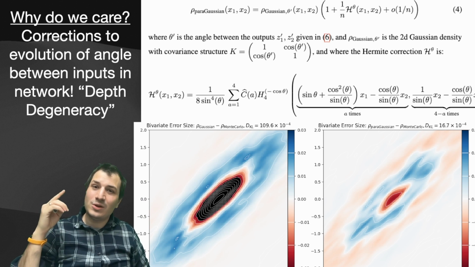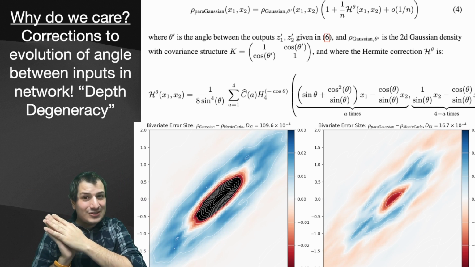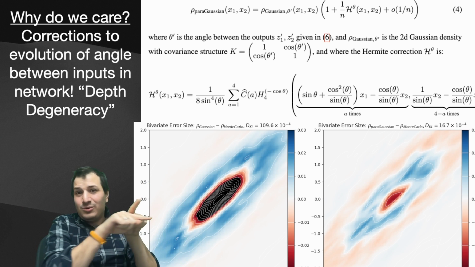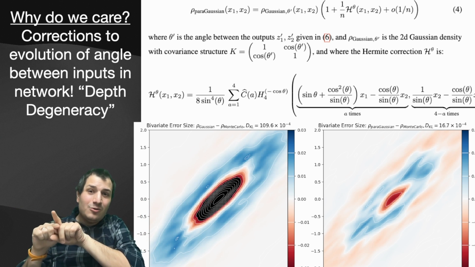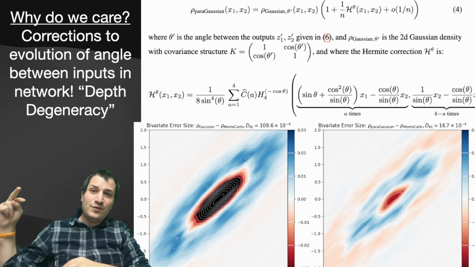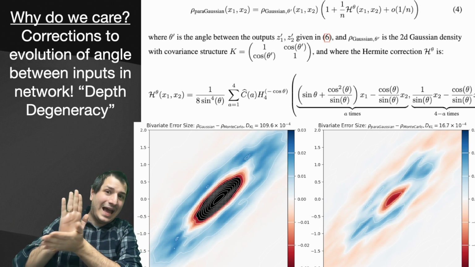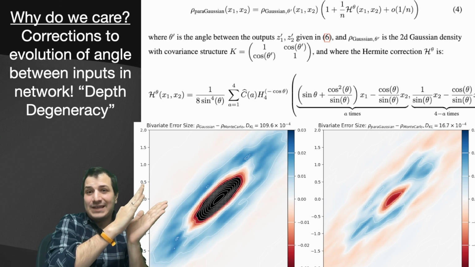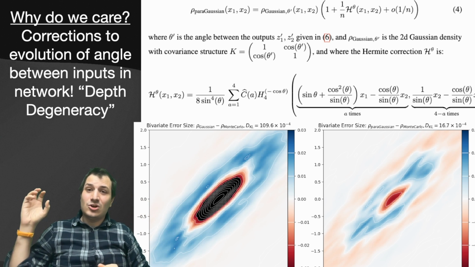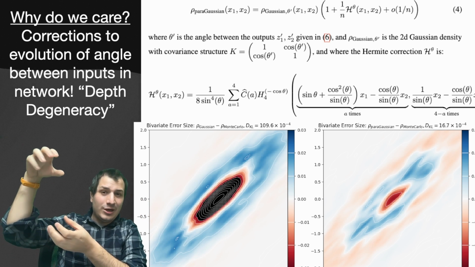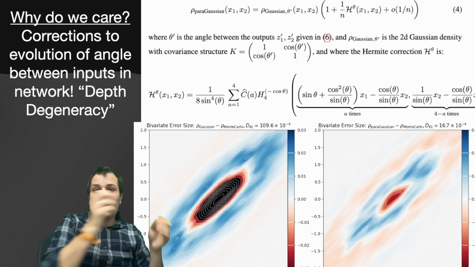And this kind of thing is really important for understanding not just how large the output is through the network, but the angle between 2 inputs. It's known that if you have a very deep neural network, as you feed 2 inputs into the network, the angle between the 2 inputs as they get fed through the layers will tend to get more and more aligned. So you start with 2 images, a cat and a dog, and they're fed into your network. But after like 1,000 layers, they're the same output.